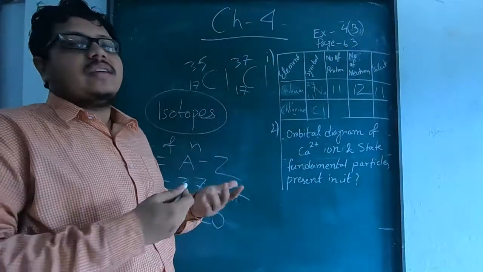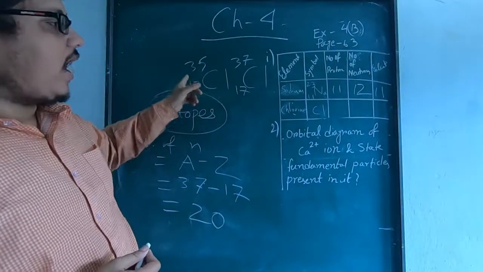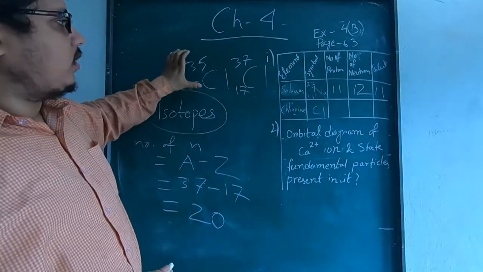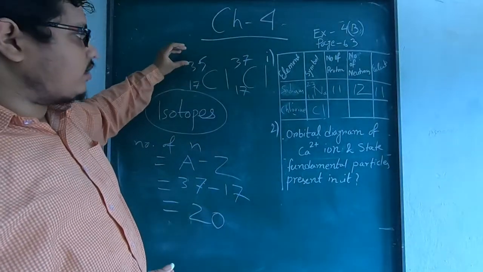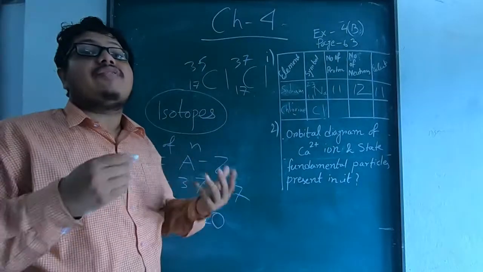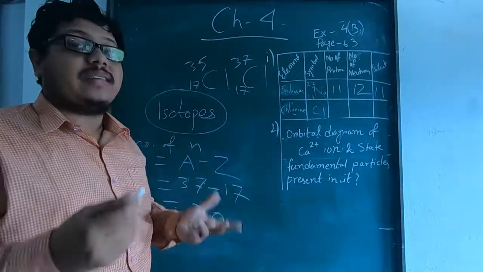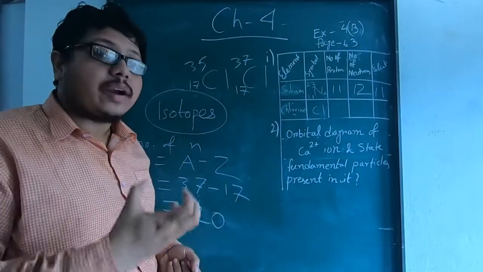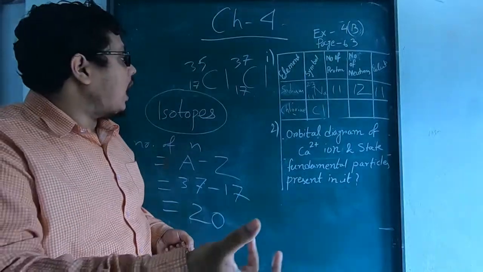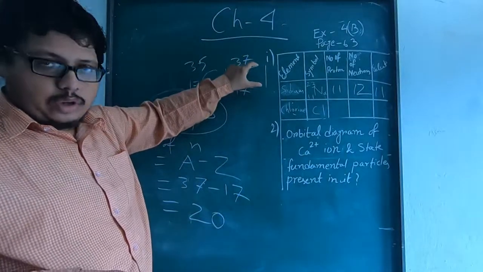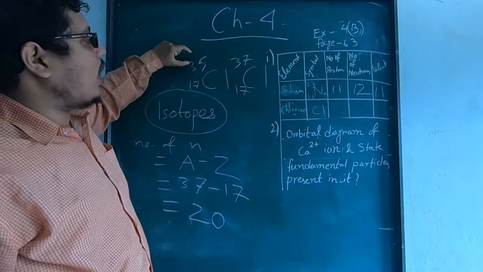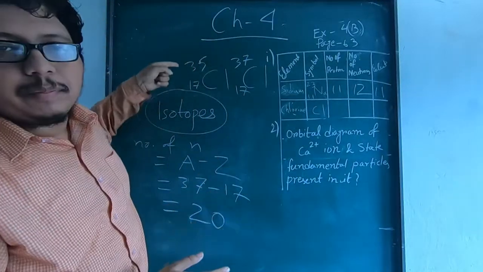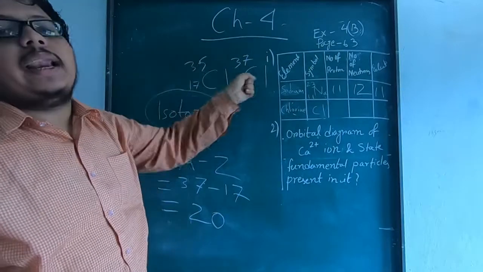Natural abundance, what does that mean? In nature, both these atoms are not found in the same amount. So basically this one having 35 mass is found 75% in nature. What does that mean? That means if I take suppose 100 atoms of chlorine, out of those 100 atoms, 75 of the atoms will be like this type and 25 of the atoms will be like this type.